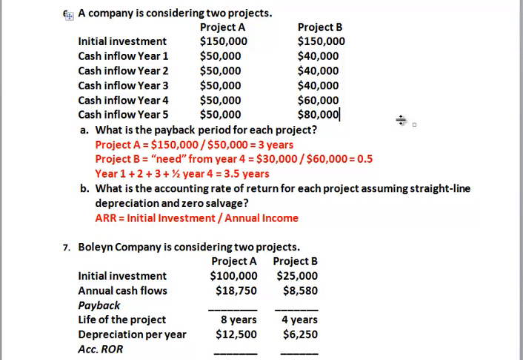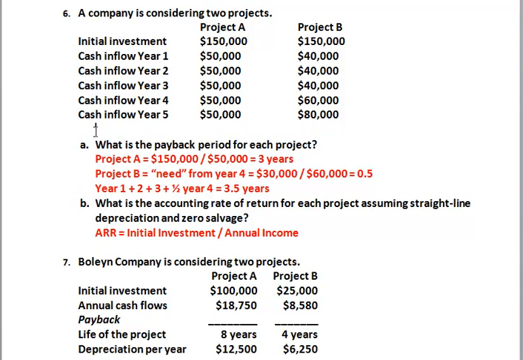So basically what I'm going to do up here is I'm going to end up finding your average cash flow for all 5 years. So for project A, your annual average cash is $50,000. For project B, I'm just going to average, okay?